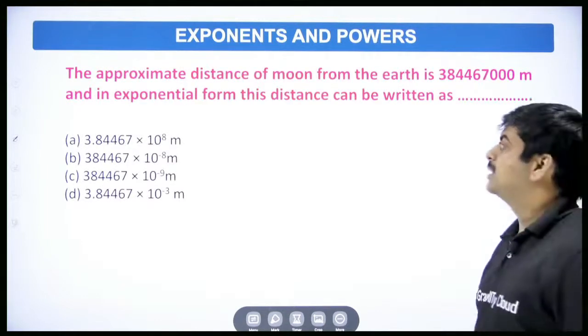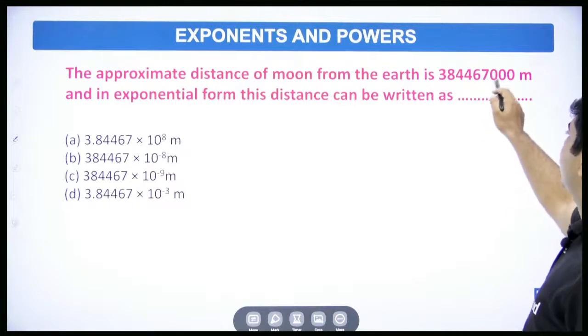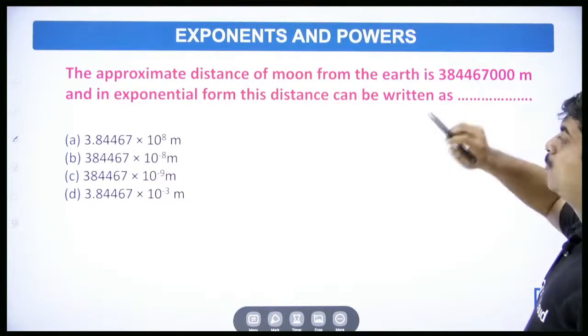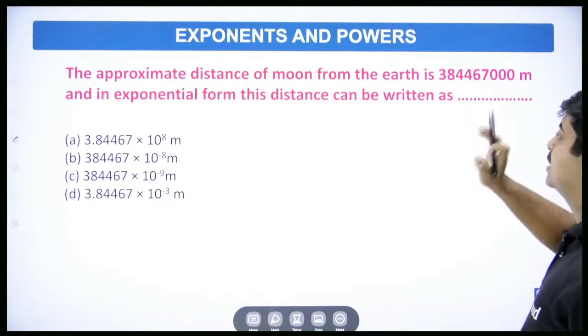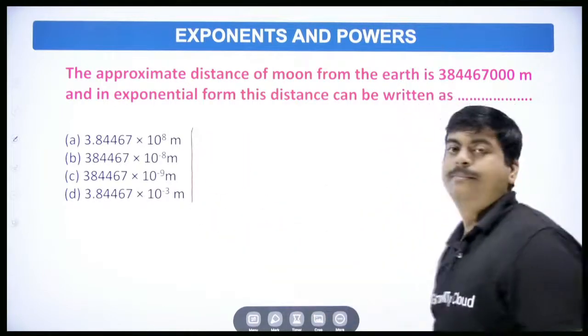The approximate distance of the moon from the earth is 38446700 meters, and in exponential form this distance can be written as? So we have a couple of notations here.